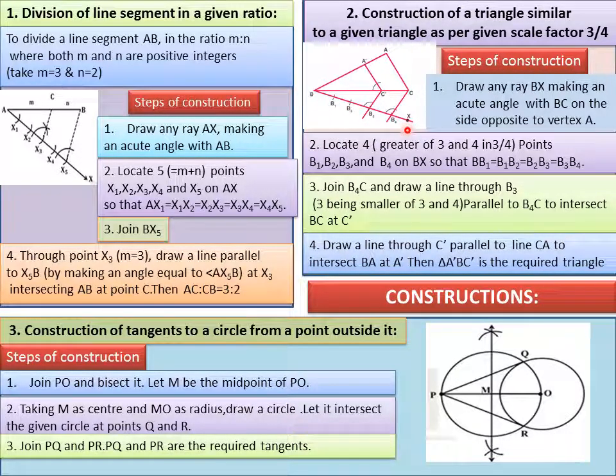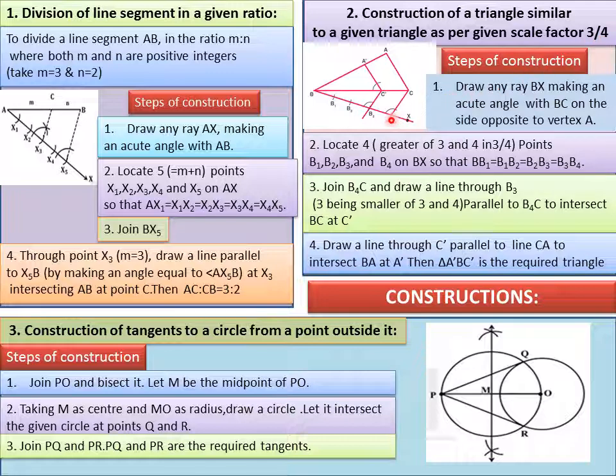On this BX, since the ratio given is 3:4, the highest one is 4, so we need to draw arcs like this, B1, B2, B3, B4, which are of equal distance, that is B1B2 is equal to B2B3, which is equal to B3B4. So in total we are identifying 4 points. Why 4? Because the highest one in this scale factor is 4.